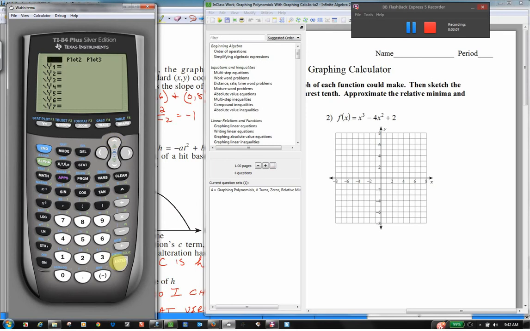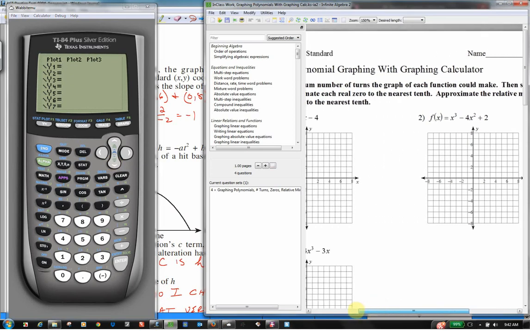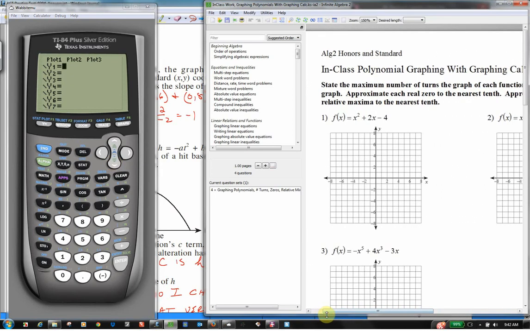Okay. The next thing we're going to do is enter an equation into our calculator. And what we want to do is start with just a simple quadratic. And if we wanted to do an exponent, that's going to be the caret key. There are two types of software on these.